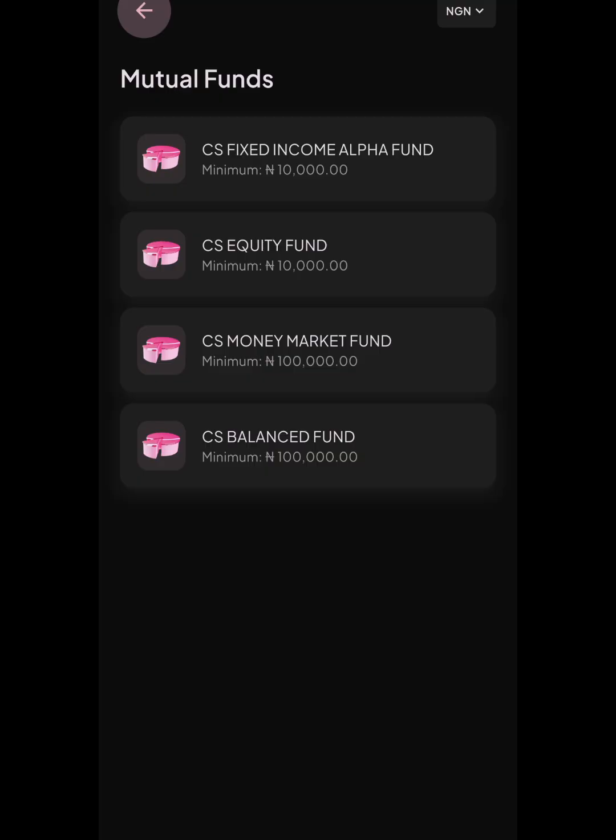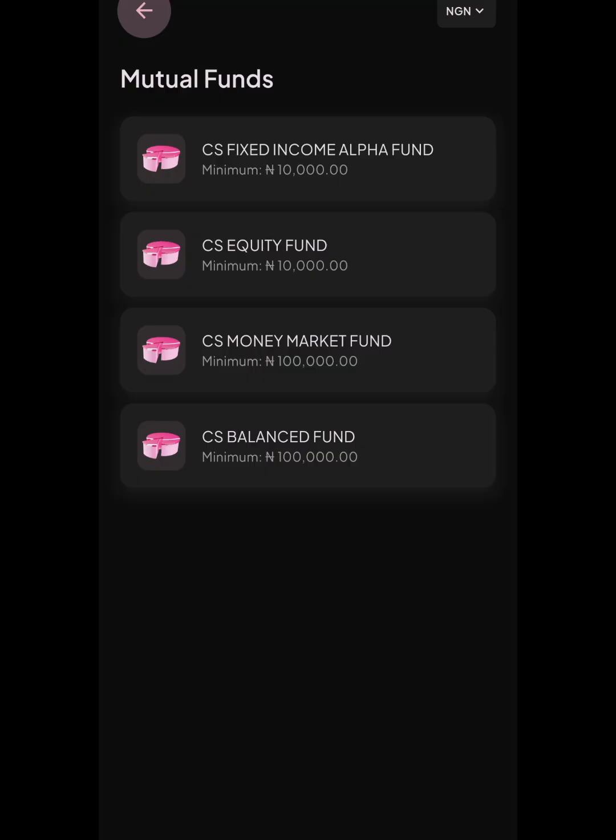So that is why you are seeing some of these things here. The balanced fund is basically, again, a balanced fund, right? The CS Money Market Fund, if you invest in it, they will take your money and invest it in things like treasury bills, savings, other basically fixed income savings as well.